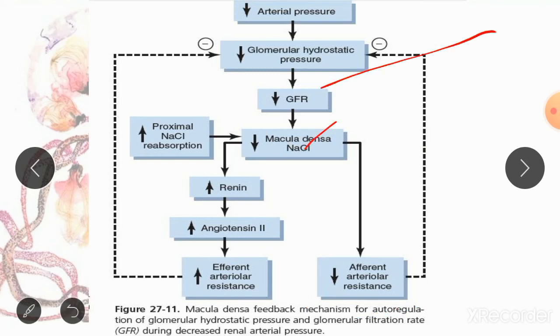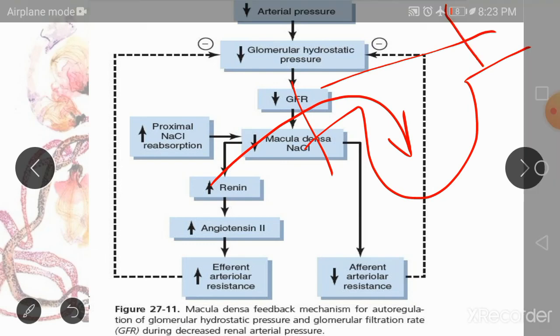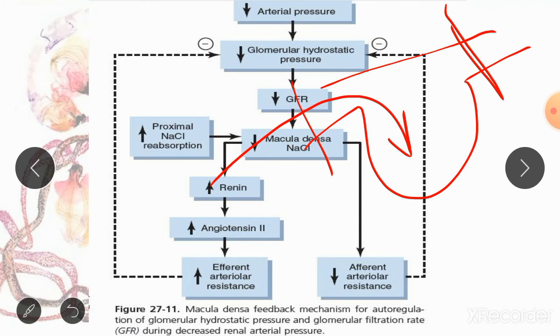Let me repeat. Your macula densa cells are directly going to dilate your afferent arterioles. By dilating your afferent arteriole, they are going to allow more blood to enter into your glomerular capillaries, and secondly they are going to cause secretion of renin, which is going to form angiotensin 2, and angiotensin 2 is going to constrict your efferent arterioles, so the blood cannot leave the glomerulus easily.